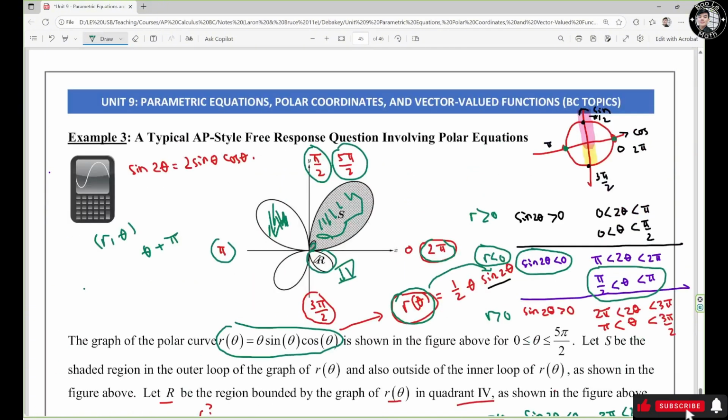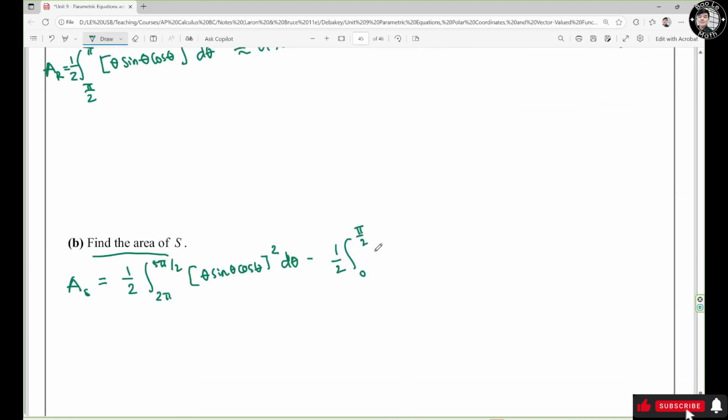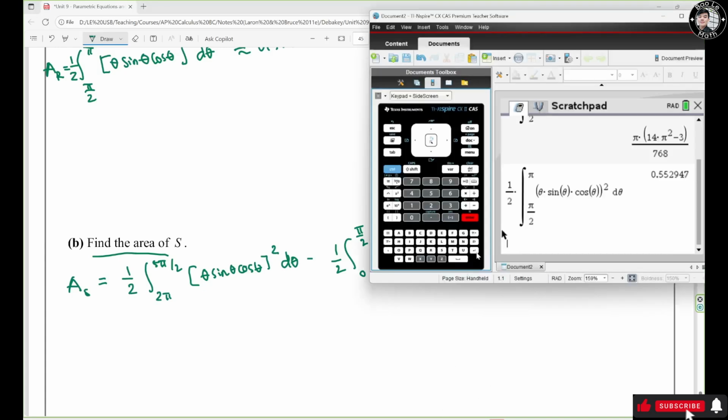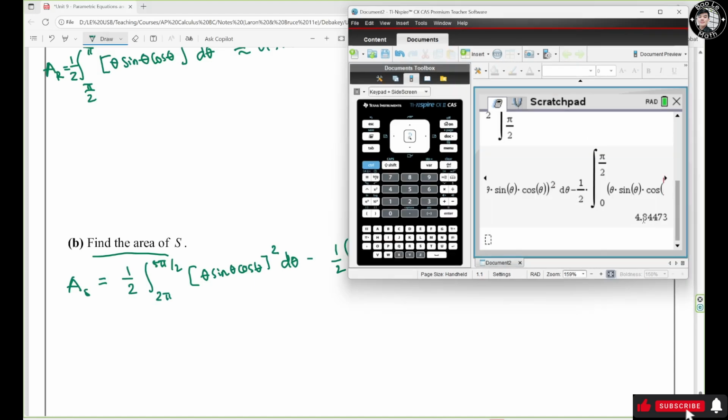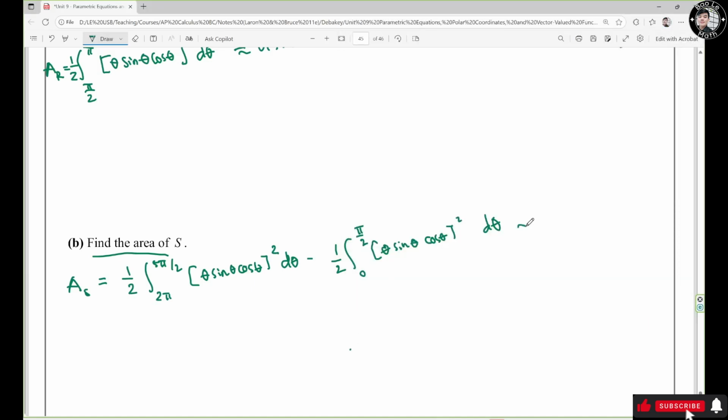The smaller one is right here, from 0 to pi over 2, of theta sine theta times cosine theta squared d theta, right? Now we're going to pull up the calculator. I just copy this one over here and just change the lower bound and upper bound. That's it, right? 4.844, right?